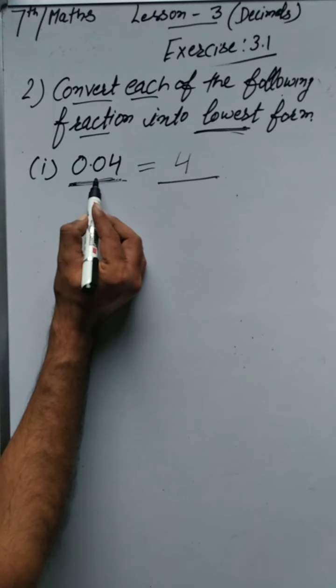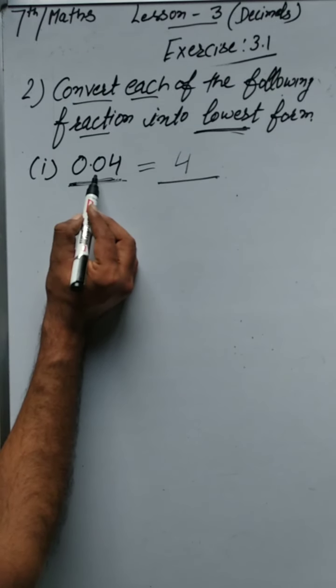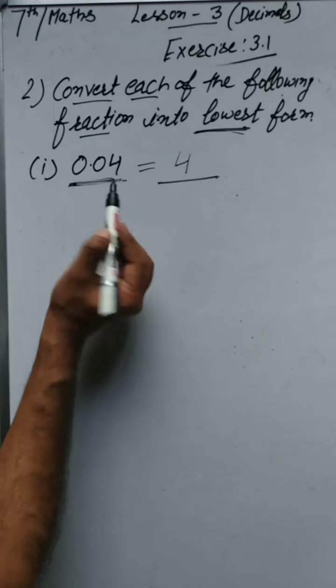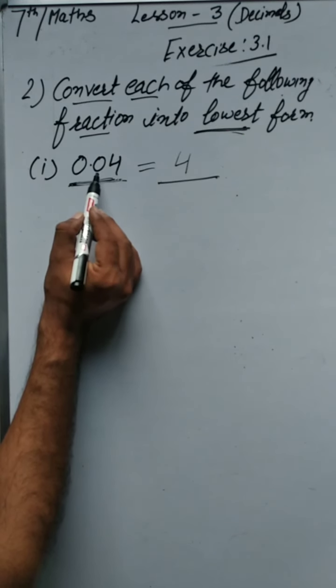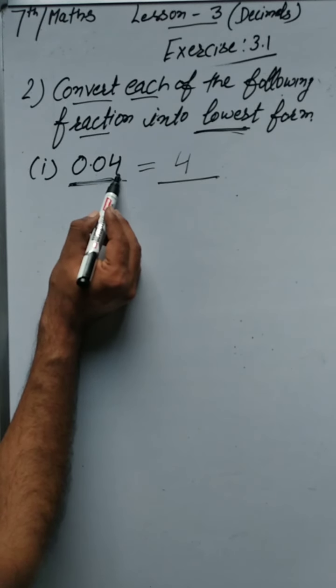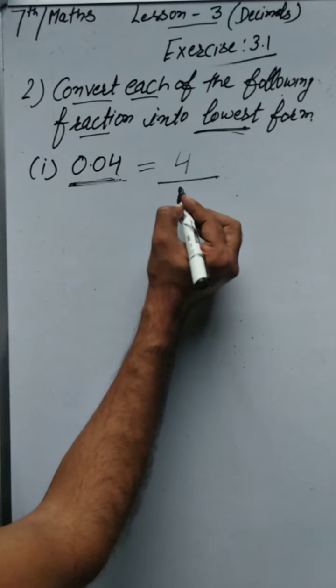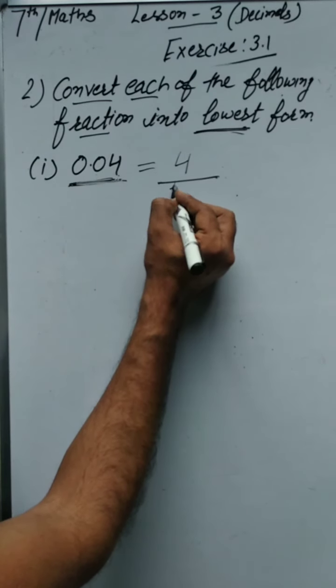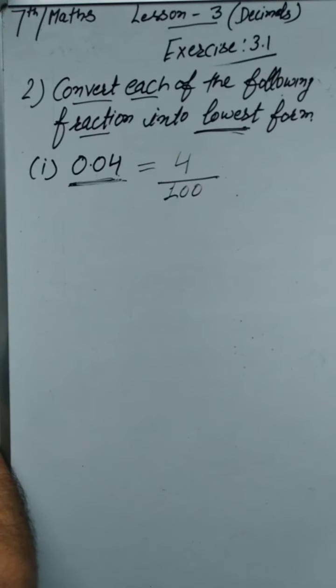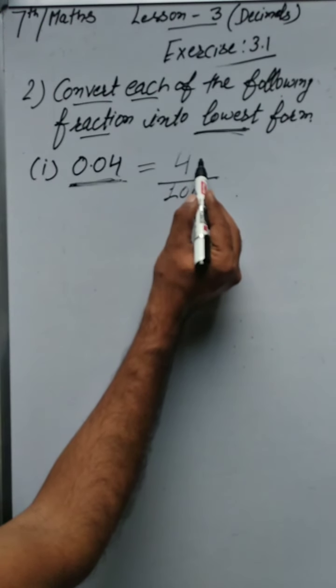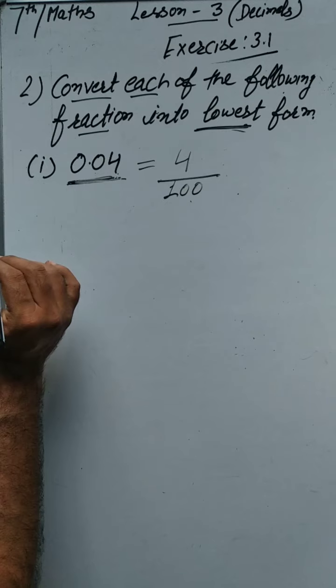Now look beta, count the number of decimal places. Number of decimal places means number of digits after the decimal. How many digits after the decimal? 1, 2. 2 digits are there. So put in the denominator 1 with 2 zeros. Understood? Means it will become 4/100.